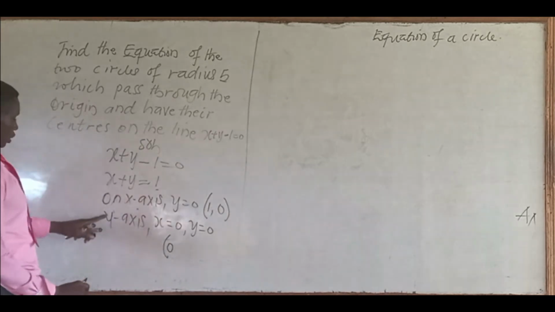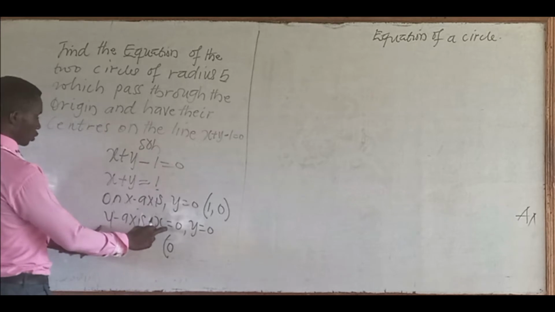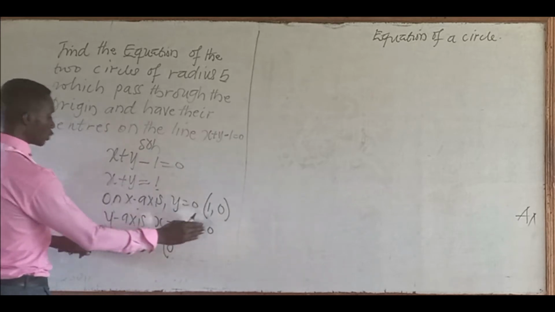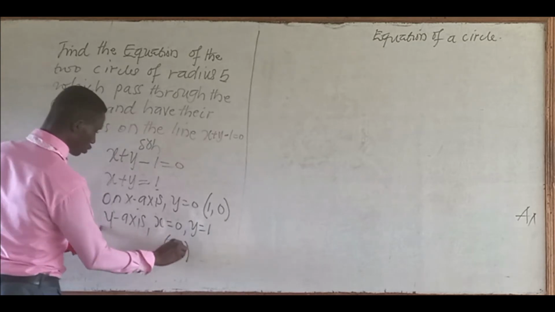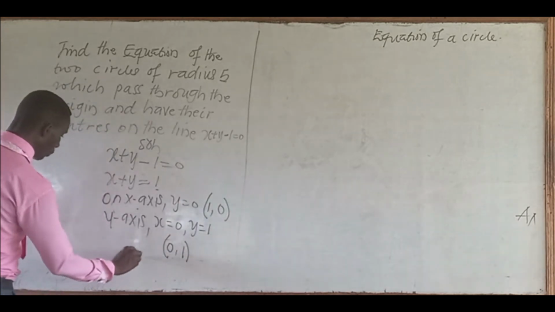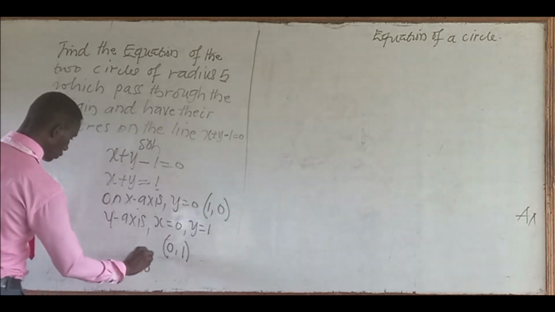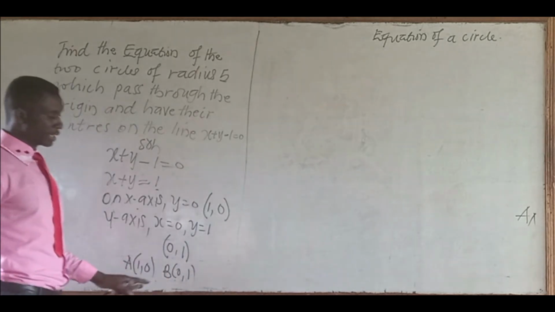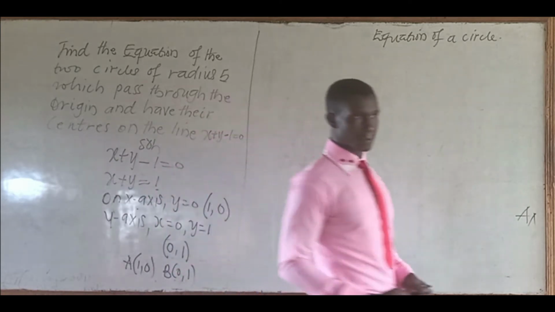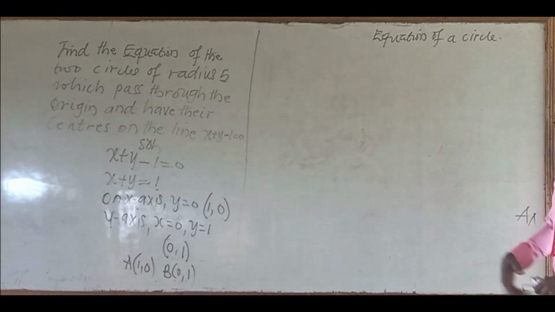When x equals 0, you get y is equal to 1. So you get 0, 1. Let's say for instance, our point A is 1, 0 and B is 0, 1. These are the points that we are going to use to draw the line.